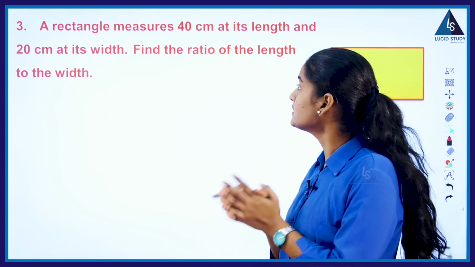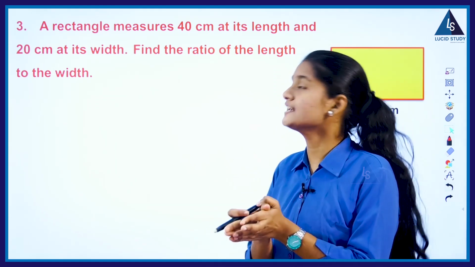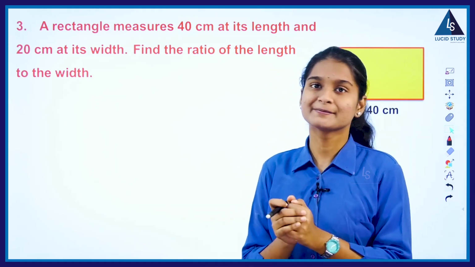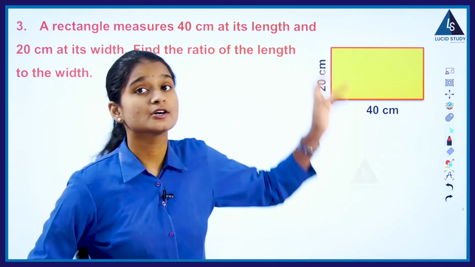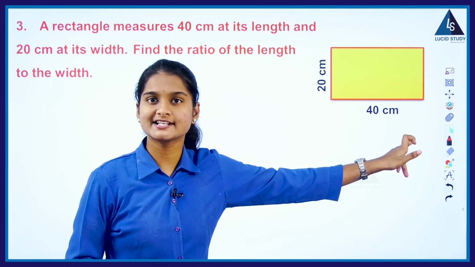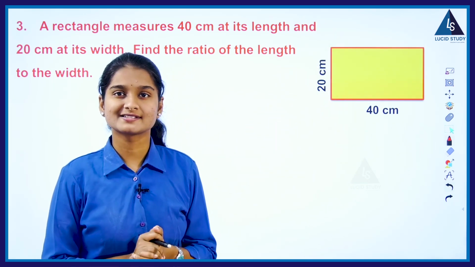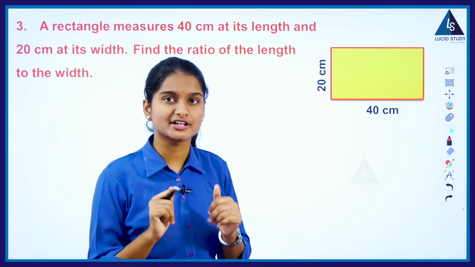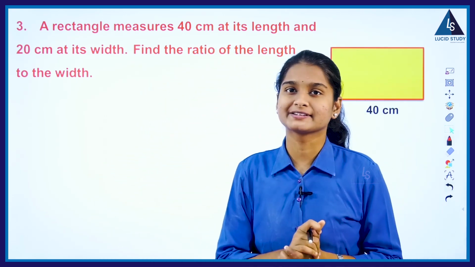A rectangle measures 40 centimeters in length and 20 centimeters in width. Find the ratio of length to the width. So, here is a rectangle whose length is 40 centimeters and breadth is 20 centimeters. We need to find the ratio of length to the width.